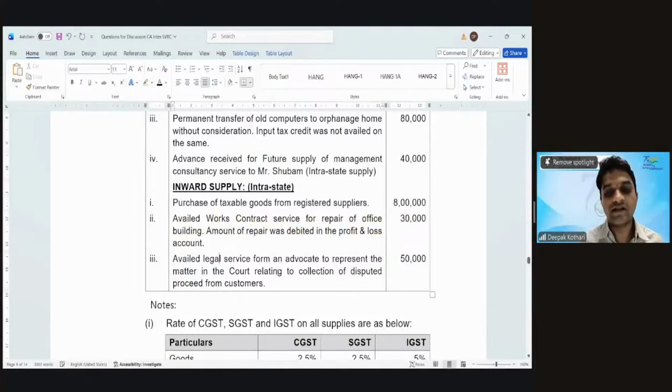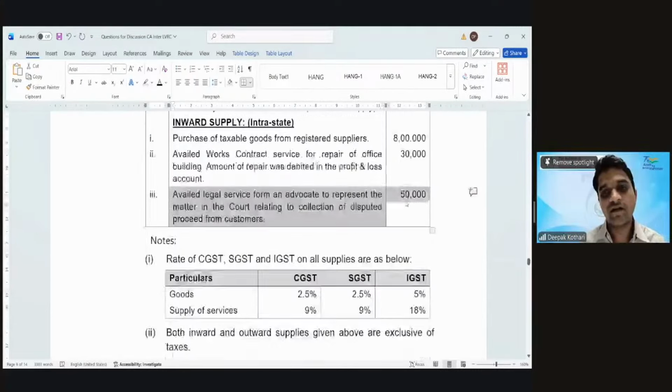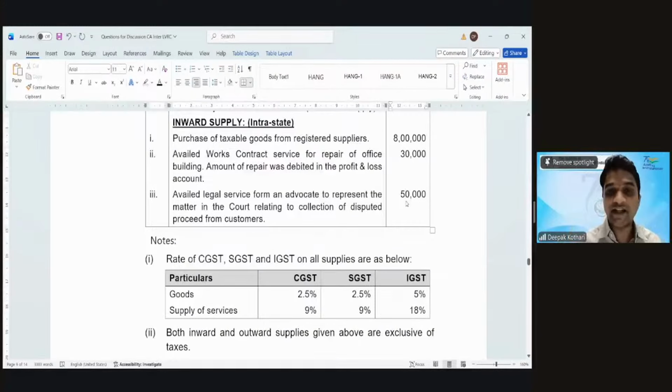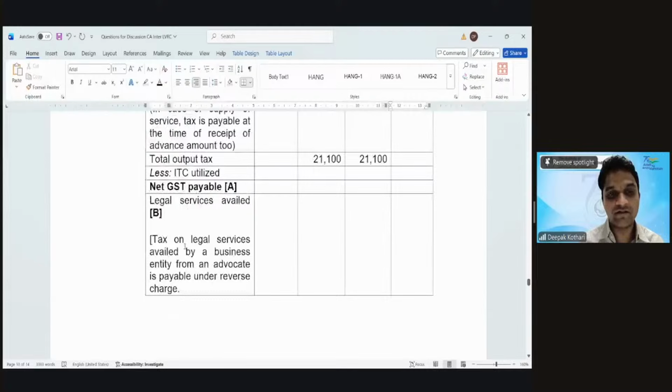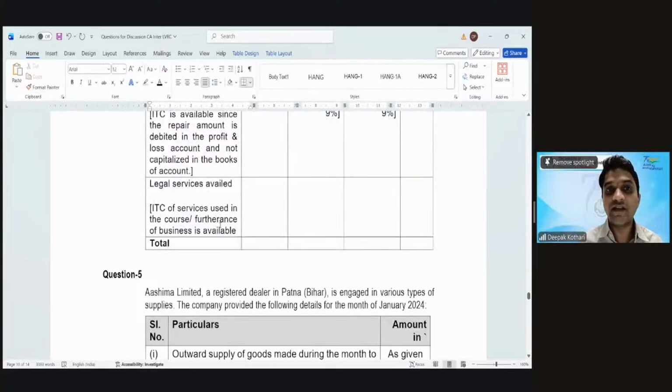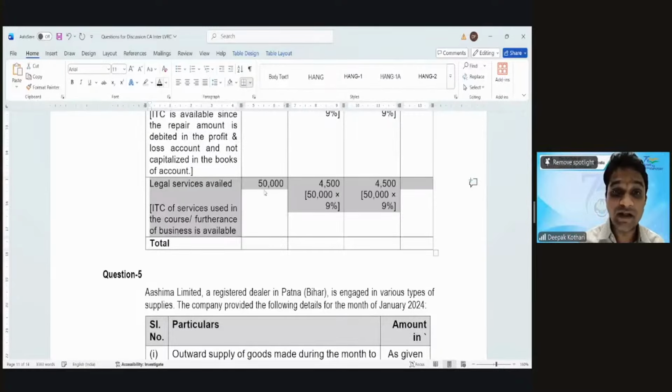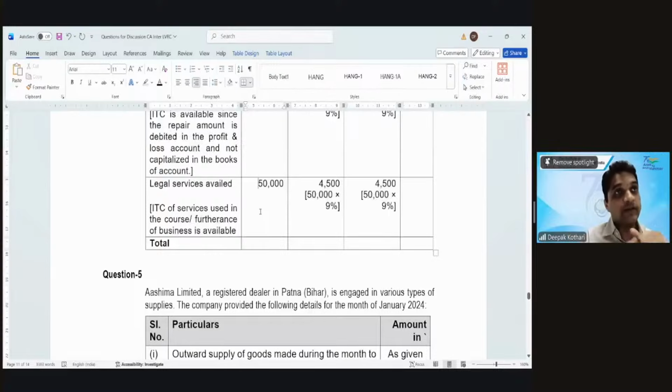Next is legal services. He has availed legal service from an advocate to represent the matter in a court relating to collection of disputed proceeds from customers, 50,000. तो बिजनेस के लिए यूज किया है, तो इसके ऊपर ही has to pay reverse charge and he can claim the credit also. So when we are talking about ITC credit, we will include it, because in this month's return only he is paying, so you can claim it in the same month. ऐसा नहीं कि इस मंथ पे you have to pay RCM and claim it in the next month, ऐसा lot of confusion है, don't get confused. RCM you can claim it in this month's return and pay it in the same month's return itself.